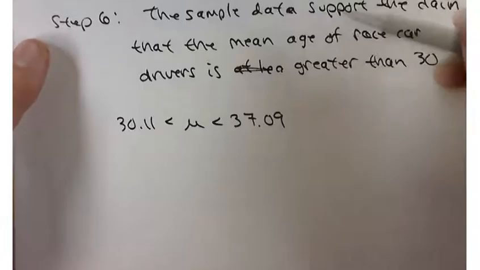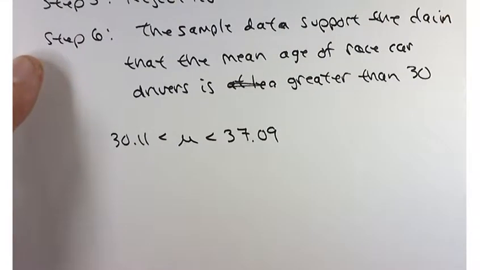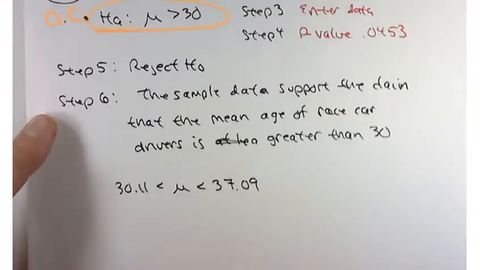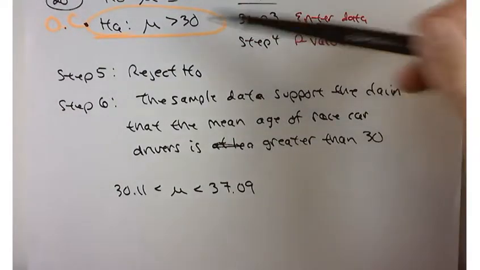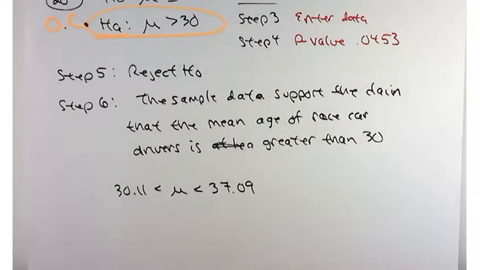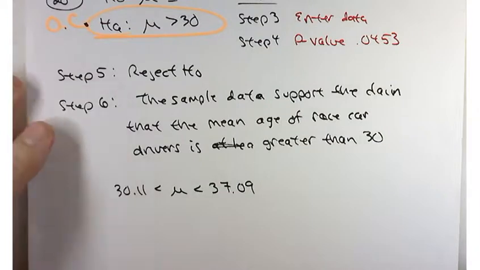Does this match our conclusion of rejecting H naught? Does this match our conclusion that basically we think that the mean age is greater than 30? Why? What is it about this confidence interval that matches this conclusion?